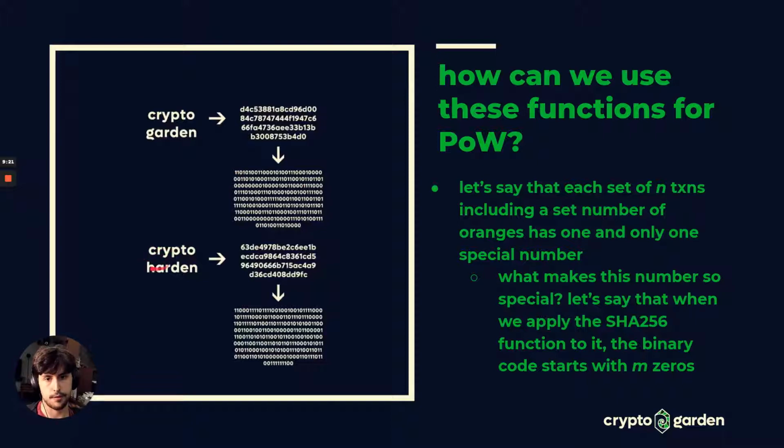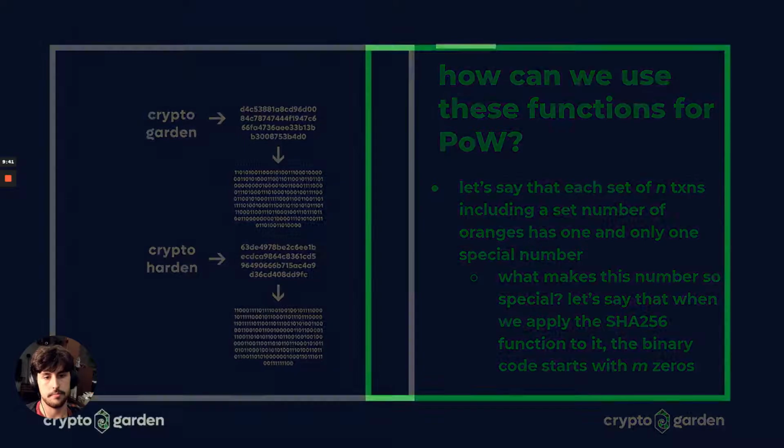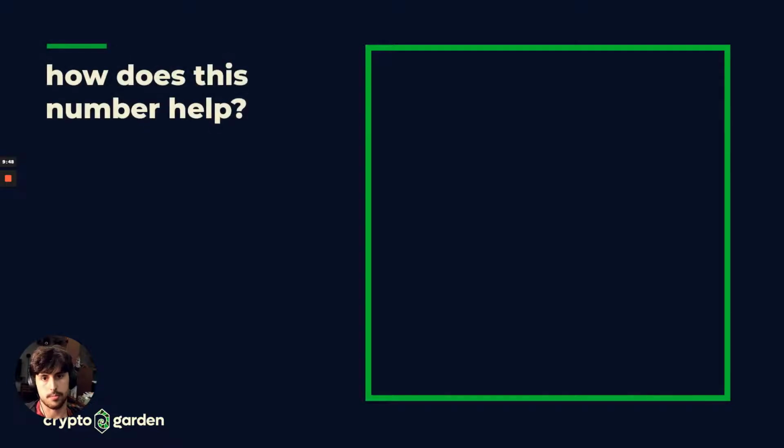If you put CryptoHarden, for example, I change just one letter, and you can see it's a completely different result, right? You can see almost nothing matches. And say when we convert this number to binary, the first m characters are zeros, right? Well, how does this number help us? How does this number solve our problems?